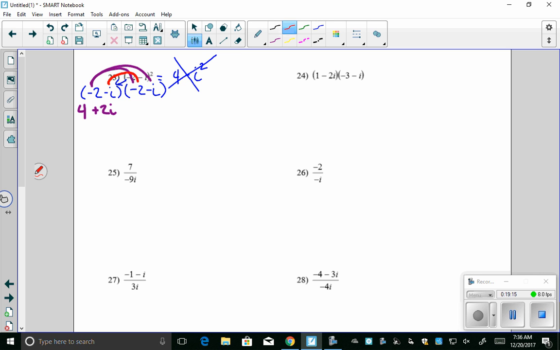Negative i times negative 2 is a positive 2i. And a negative i times a negative i is a positive i squared. Combine like terms. 4 plus 4i plus, remember, i squared equals negative 1, so it's going to be plus a negative 1.